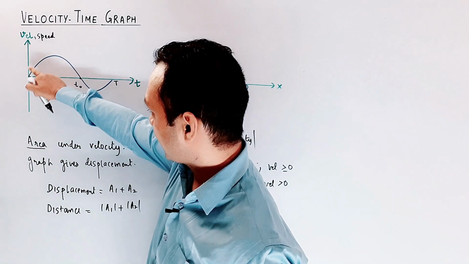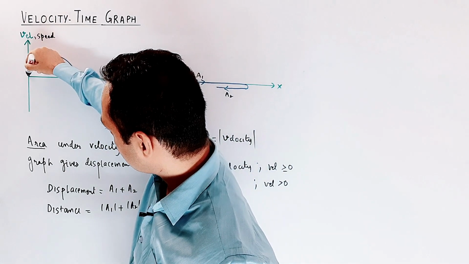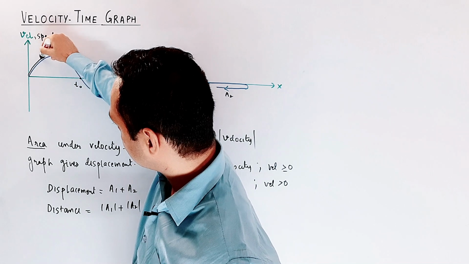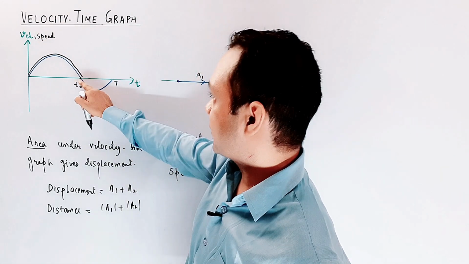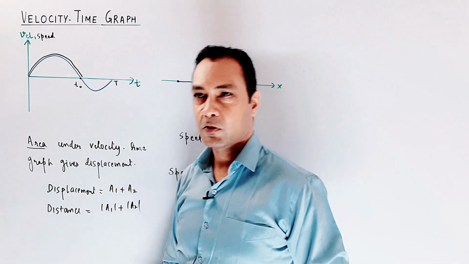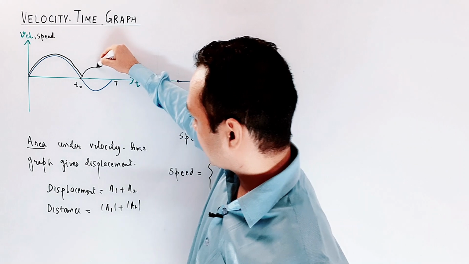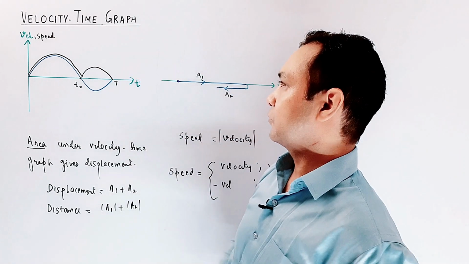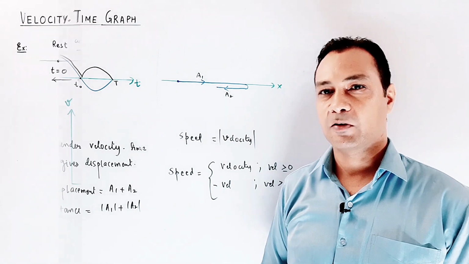From here to here velocity is positive, so speed is the same as velocity. So the speed time graph would be like this, and this part is negative, so speed would be the negative of that, so the speed time graph would be like this. So this way we can convert a velocity time graph to a speed time graph.